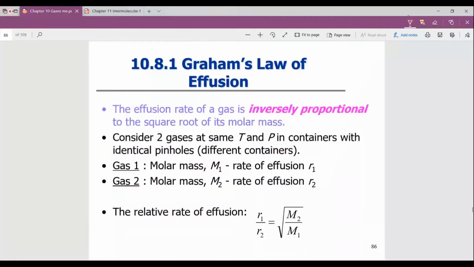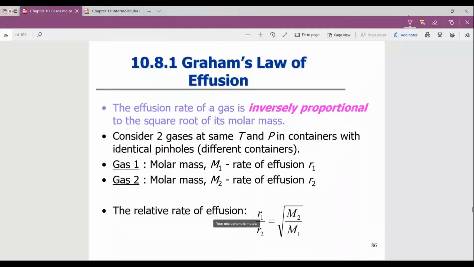Okay, look at effusion. The effusion rate of a gas is inversely proportional to the square root of its molar mass. So R, the effusion rate, is inversely proportional to 1 over the square root of M, the molar mass. So let's say we have gas 1 and gas 2. They have different molar masses M1 and M2, as well as different rates of effusion R1 and R2.